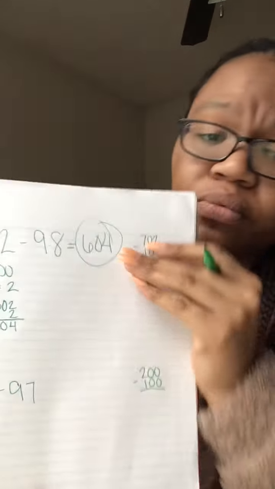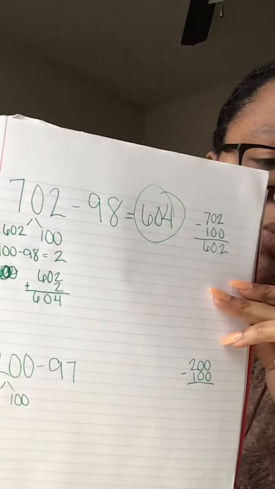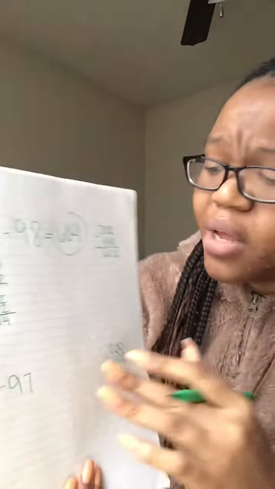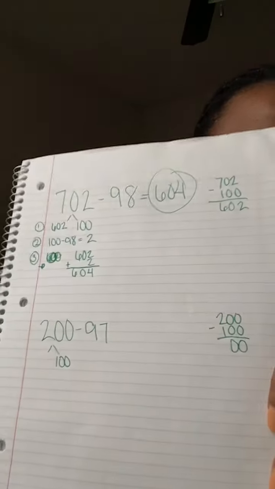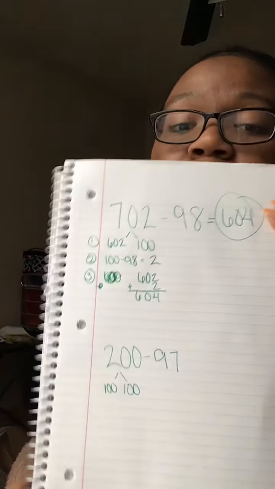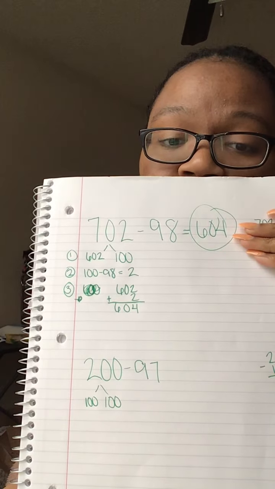So 0 minus 0 equals 0, and 0 minus 0 again equals 0. 2 minus 1 equals 1. Oh, we got another 100, because guess what? 100 plus 100 equals 200. So we broke apart that 200. So that was step 1.